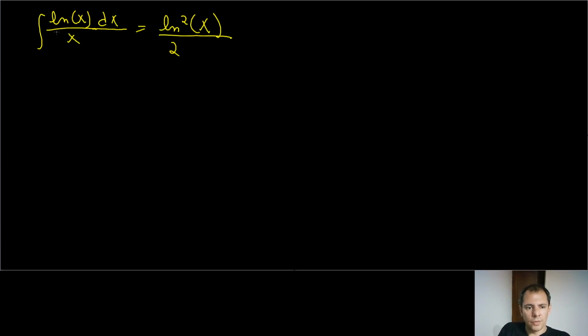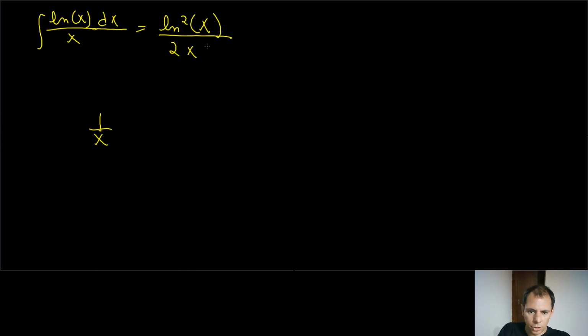Divided by the derivative of the inner function. And what's the inner function? ln of x. So the derivative of that is 1 divided by x. So when you divide, you got this x in here. Now you have to divide the whole thing by 1 divided by x.